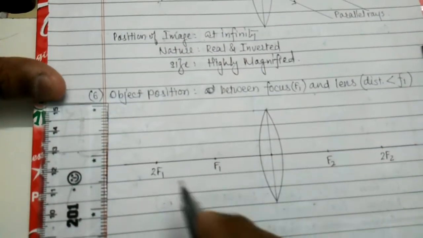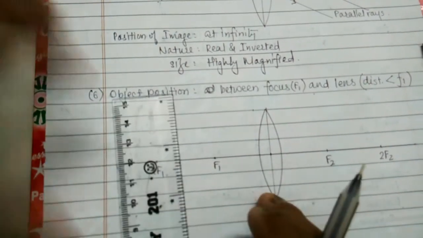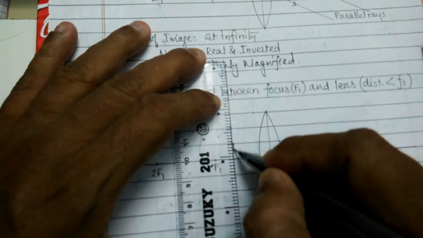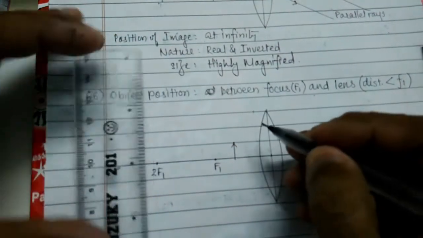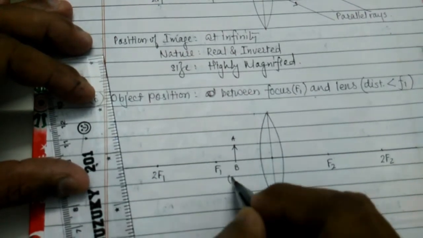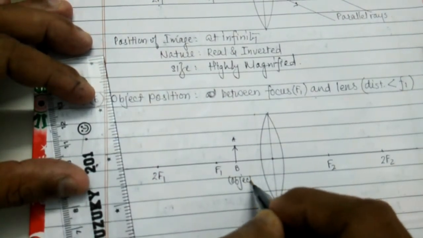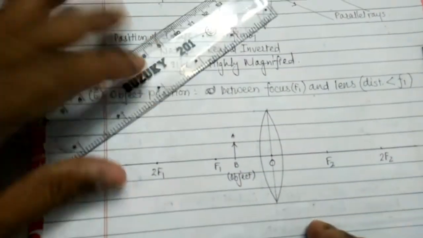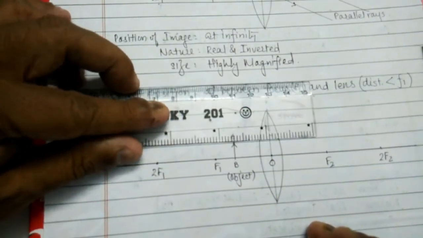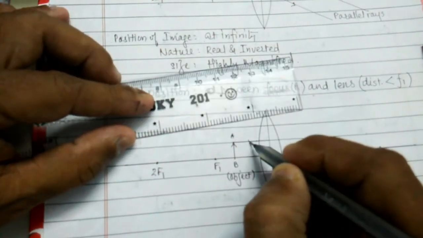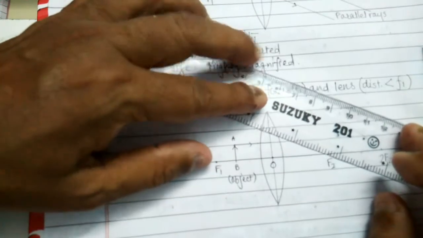Now suppose this is the object. First rule: parallel to the principal axis and passes through the focus.